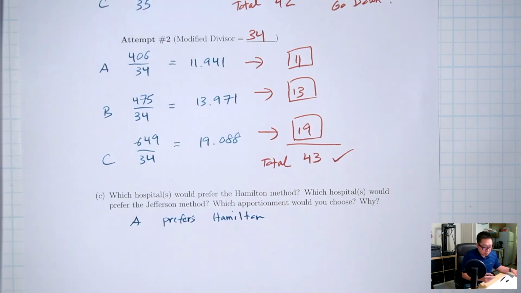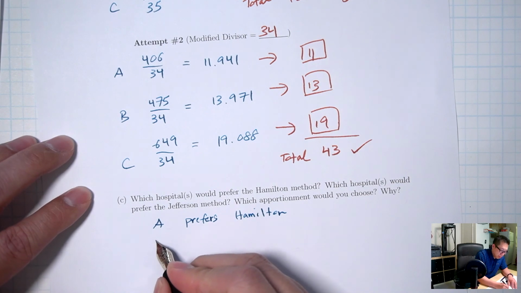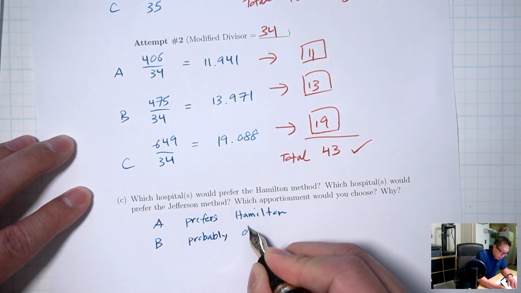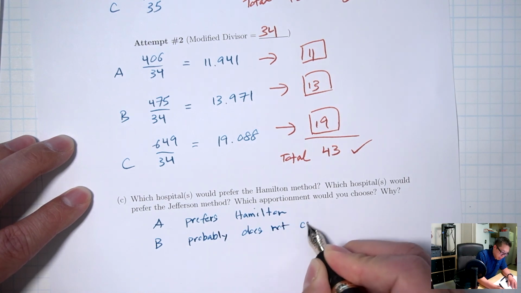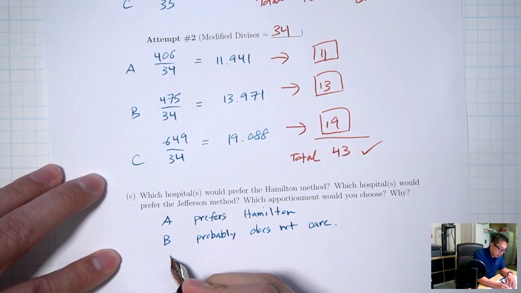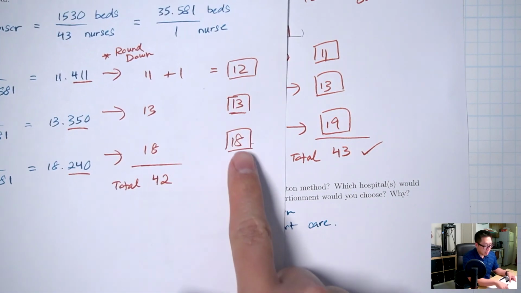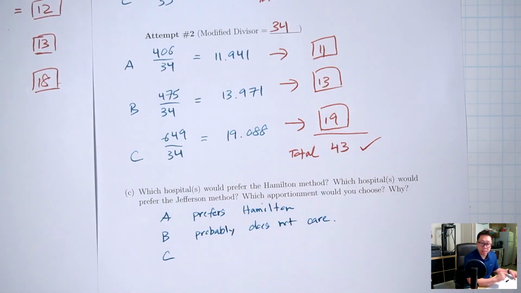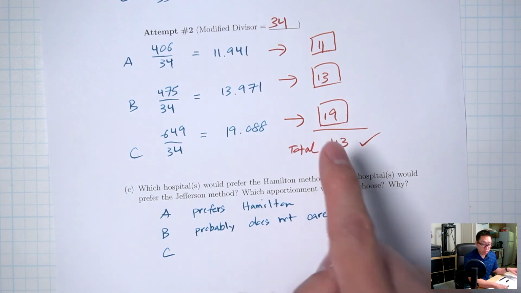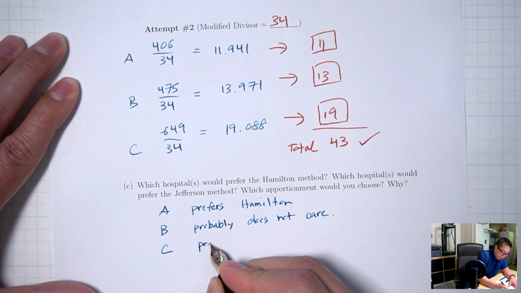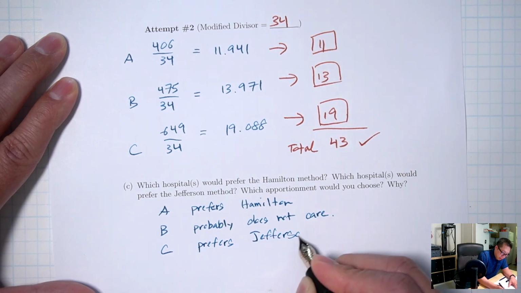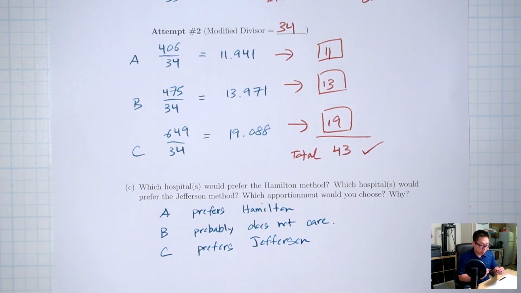B probably doesn't care, because they're getting the same with both methods. What about C? C got 18 with Hamilton and 19 with Jefferson. So C probably wants Jefferson, because they'll get more nurses with the Jefferson method.